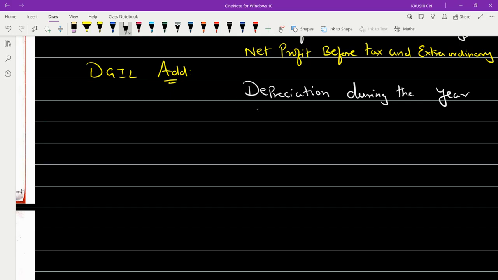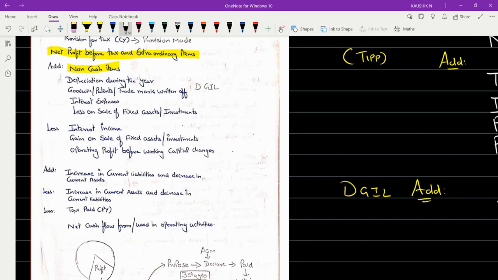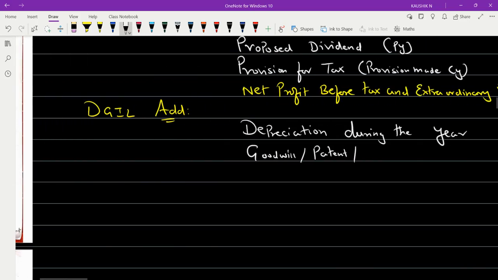The next, G stands for goodwill or patent, or what is the other one? Goodwill, patent, and trademarks.